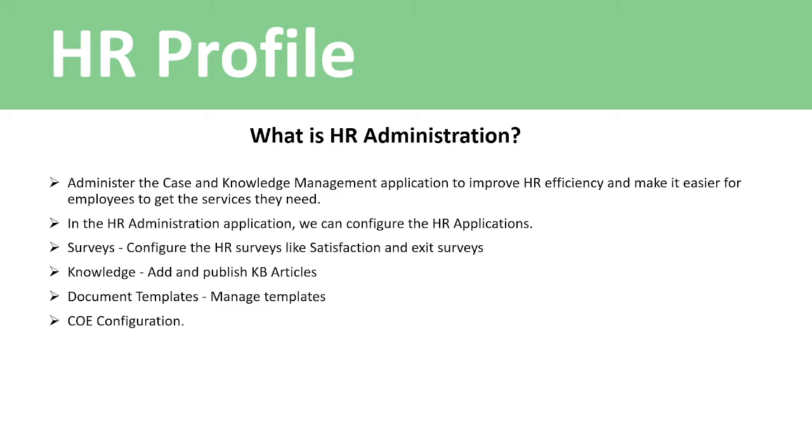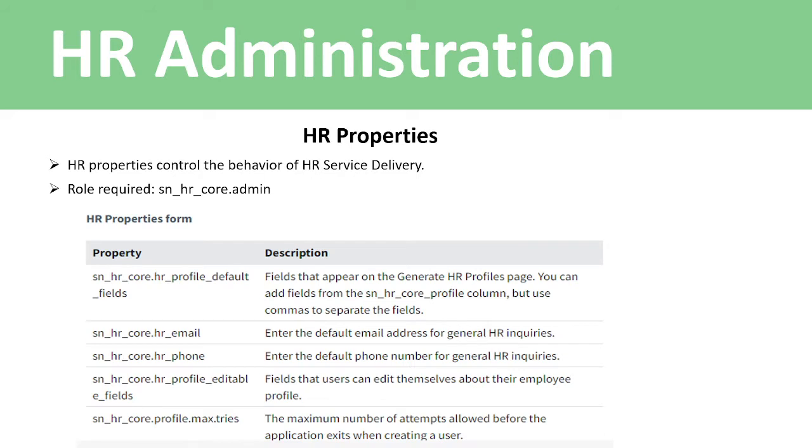That means differentiating the cases on the basis of their nature. I have mentioned a few HR properties which will be very helpful for day-to-day activities. If you want to configure the HR properties, then you should have the HR core admin role.